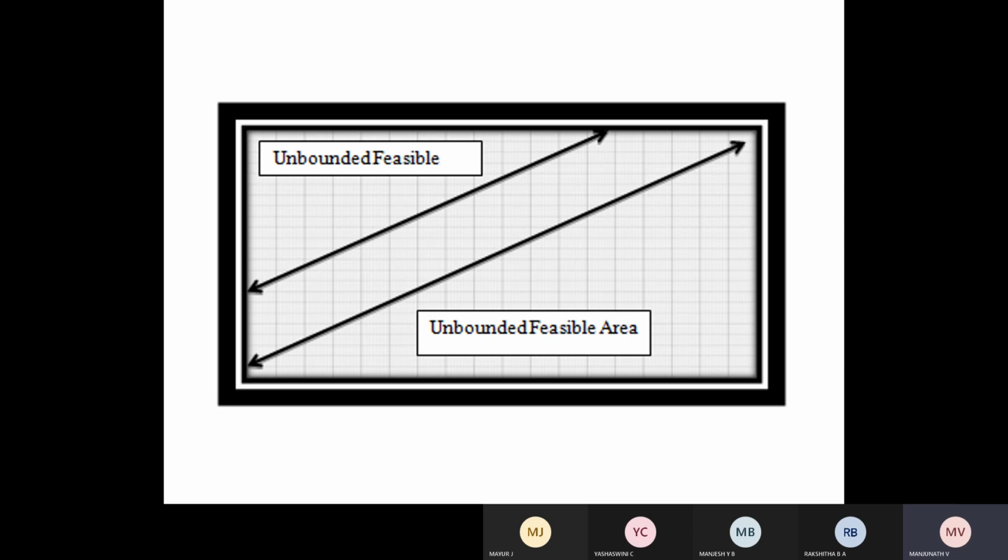It is increasing infinitely. Now there is no common area. There is no common closed bounded area. That is, no feasible solution.